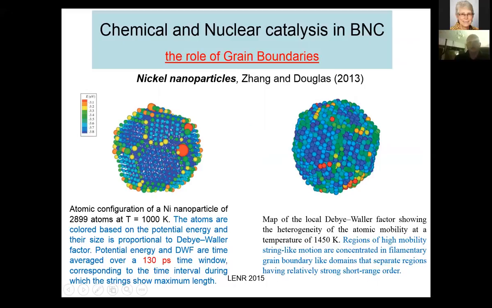In this picture, you see different colors and sizes of the circles corresponding to the different amplitudes of atoms. And you see that some atoms or chains, small chains of atoms lying along the grains, along the surface, are really excited. And this is a molecular dynamic verification of the idea of LAV, if you will.